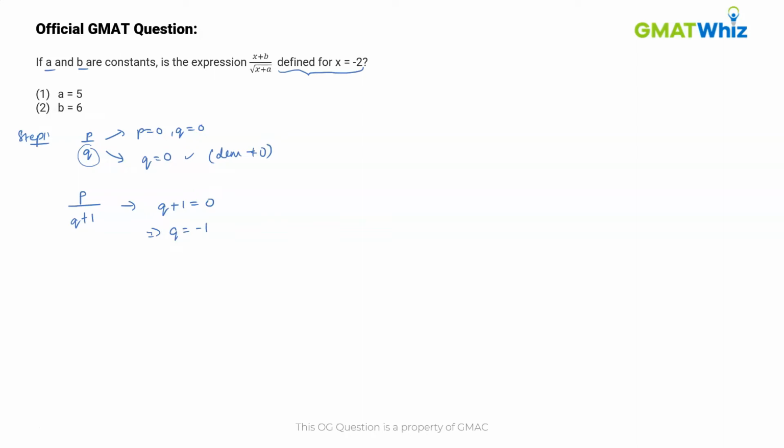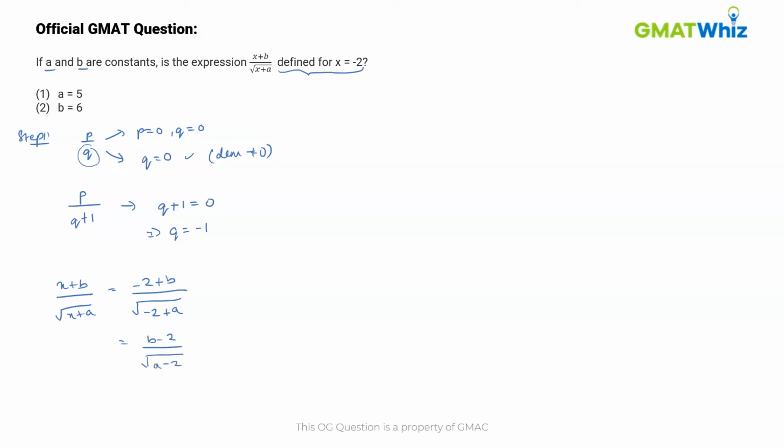Now to check if it is defined for x equal to minus 2, let us substitute the value of x in the given expression. Then the value of the expression becomes minus 2 plus b divided by root over minus 2 plus a, or this can be written as b minus 2 by root over a minus 2.